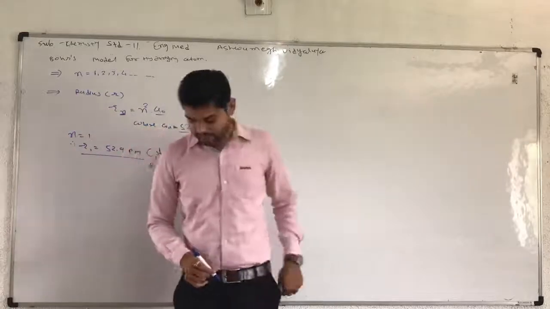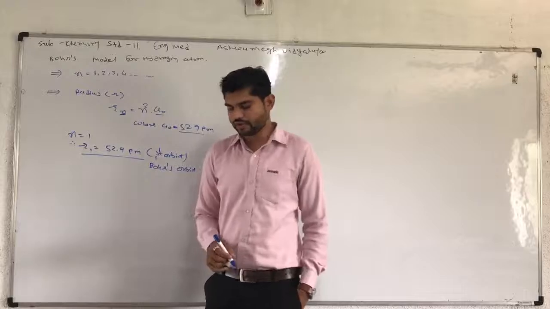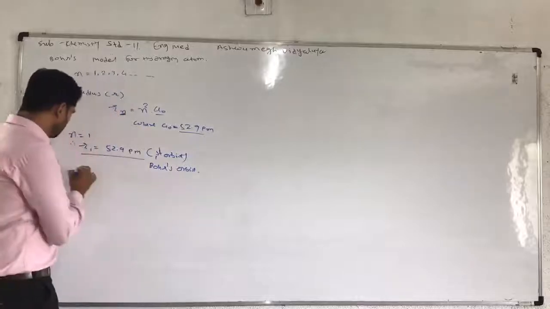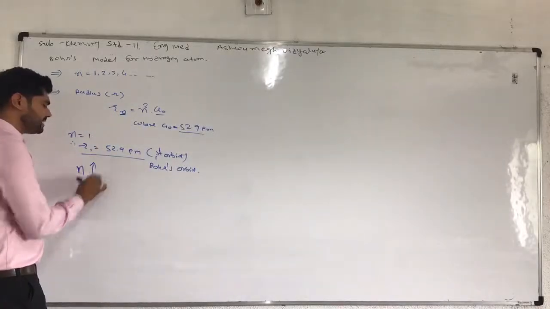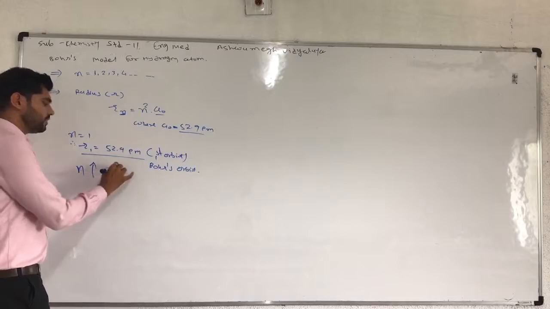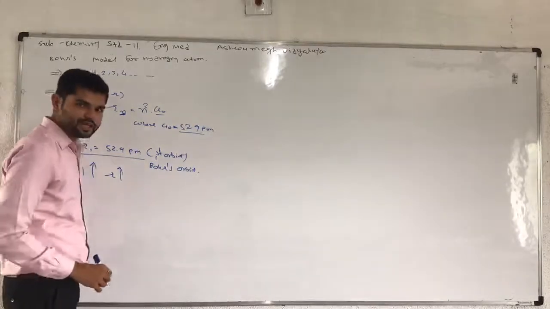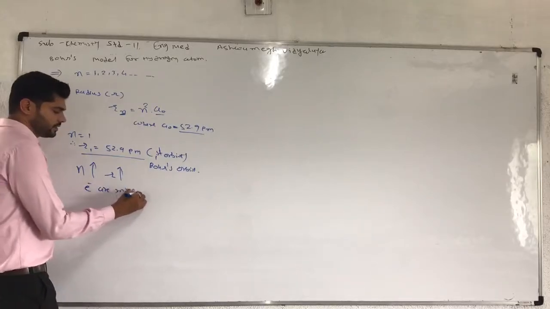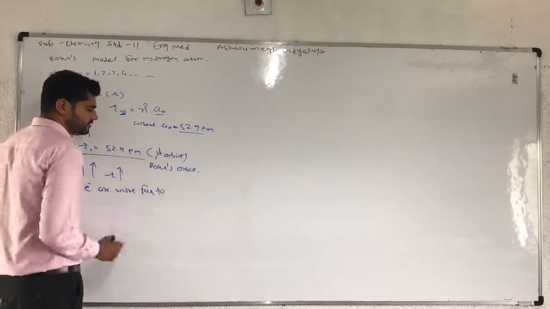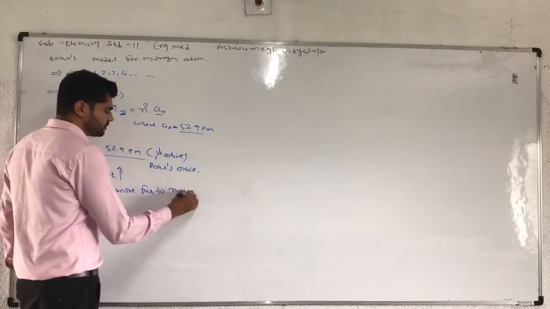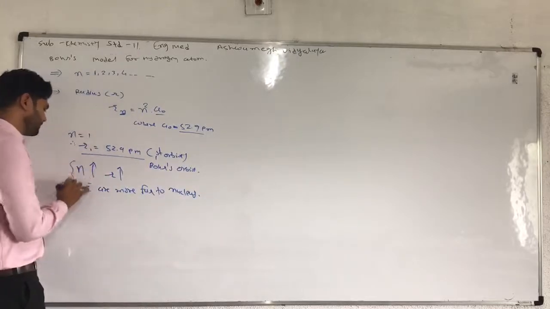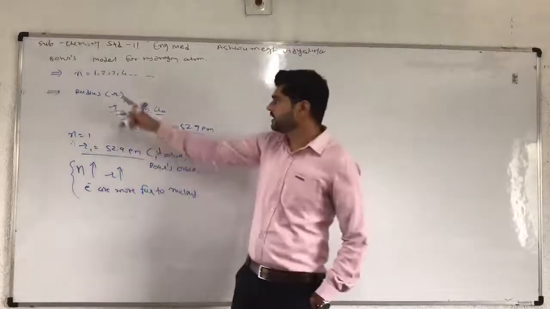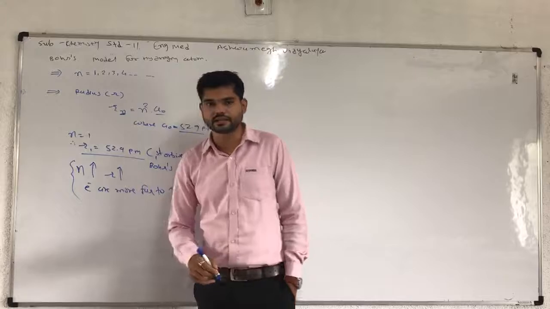Now when the value of n increases, the value of r will increase. When n, the quantum number, increases 1, 2, 3, 4, the radius increases.